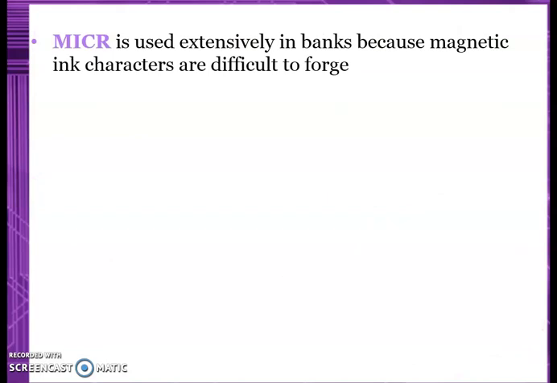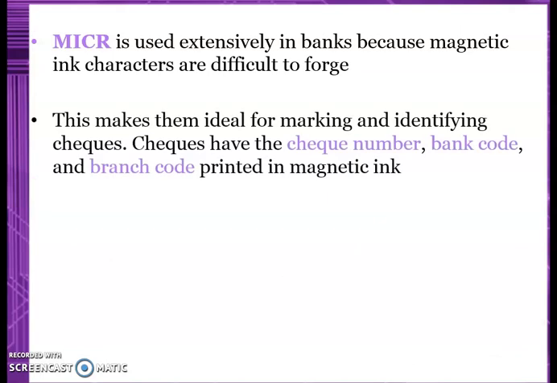What is basically MICR? It is used extensively in banks. Why? Because magnetic inks are difficult to counterfeit. So this makes them ideal for making and identifying checks. Checks have the check number, their bank code, and their branch code printed in magnetic ink.